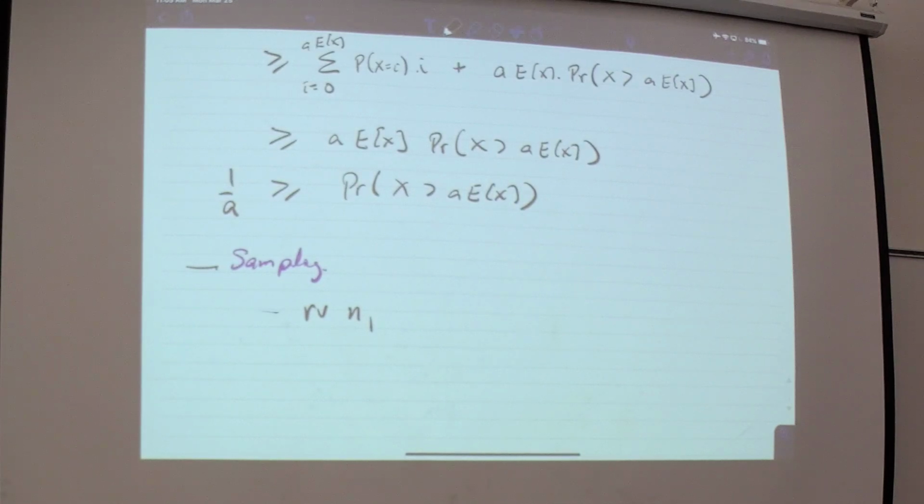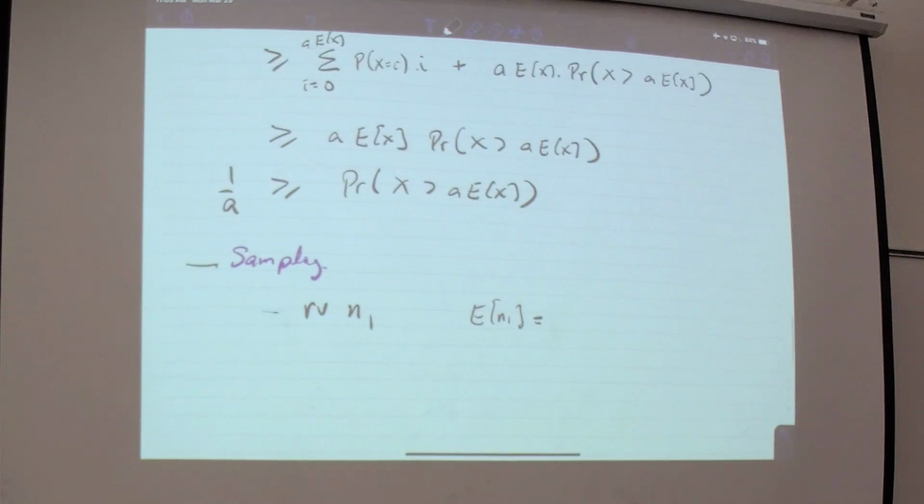The Markov inequality applies to it. We know the expected value of n1. The expected value of n1 was equal to the size of the sample times p, which was the probability of seeing a vote for 1 in the population. Right, so you can think of this as m times N1. Remember, capital letters are for the population, small letters are for the samples.